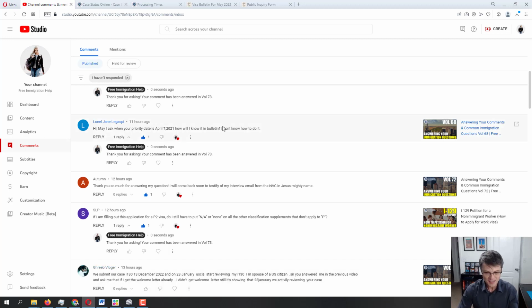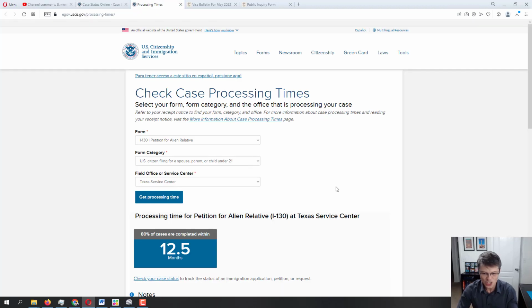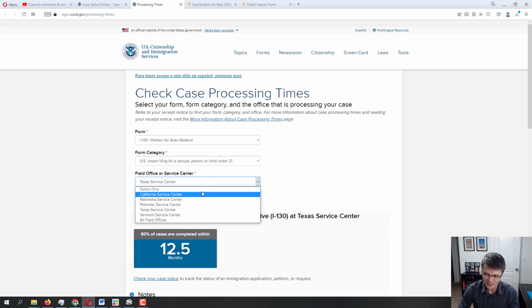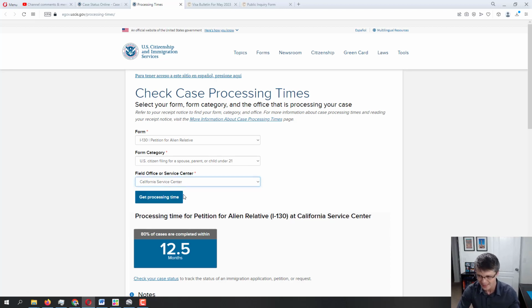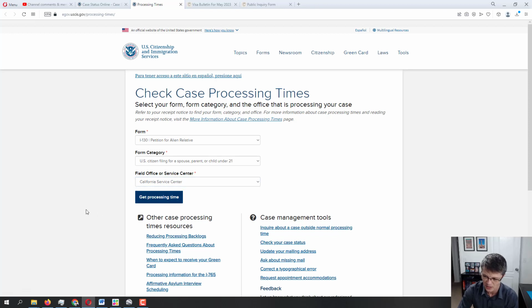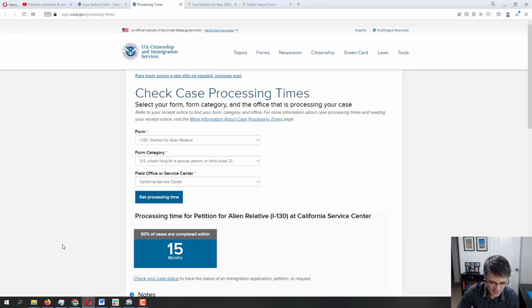So if it is processing in Texas Service Center, you know that by January 2024, your case hopefully should be reviewed. Now again, depending on which service center it was sent to, let's say for example California, I think it is actually longer in California, 15 months, so a little bit extra. But you're looking at about a year of processing with USCIS.